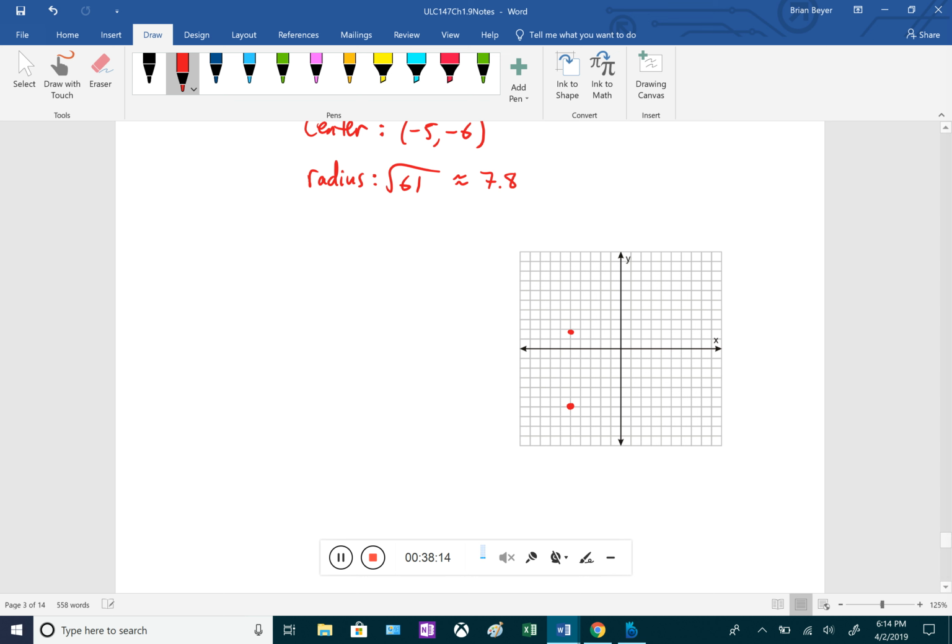And we're going to go to the right 7.8. That'll put us right there. We go down 7.8. Just going to kind of eyeball it. And we go to the left 7.8. About there. And then we connect them. And it should look something like that.